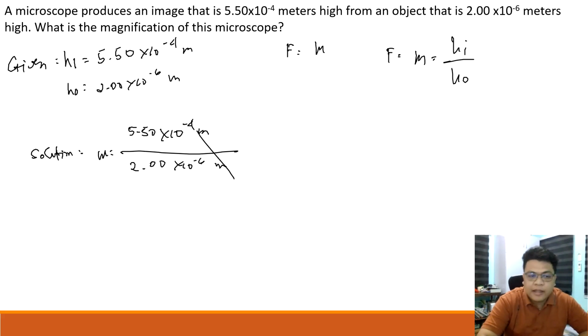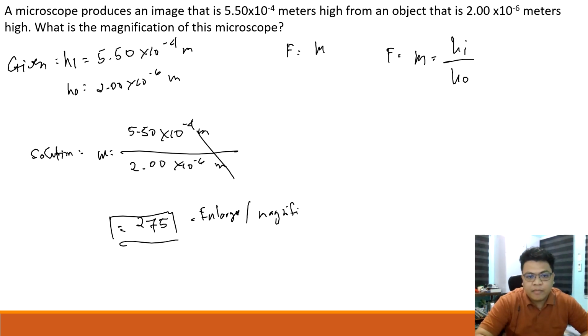Cancel out our unit, and if you plot it in the calculator, you will get a total of 275. Using our magnification quantities, this is greater than 1, so meaning our image is enlarged or magnified. Okay, so that's how you compute our problem.